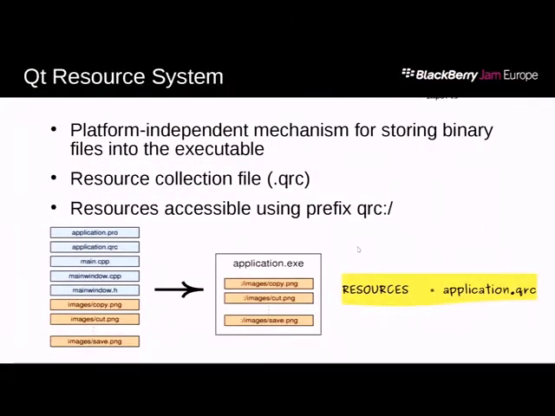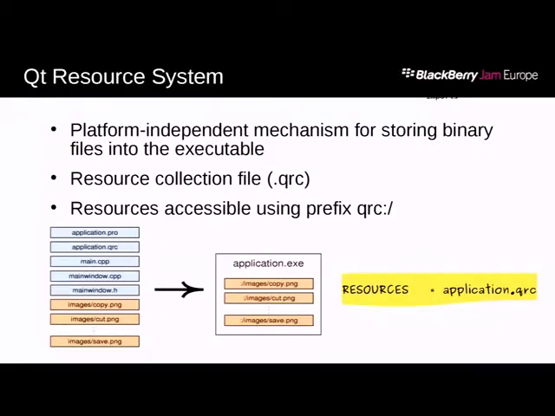Just before I start development, I want to talk about the Qt resource system. The Qt resource system, as some of you most likely know, is a platform-independent way to store your asset files in your application binary. That means, as this graphic visualizes, you have several asset files that you want to provide with your application, and you tell the Qt resource compiler, by adding a Qt resource collection file, to directly compile these files into your binary.